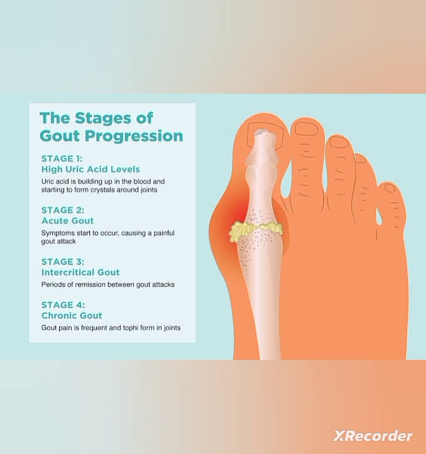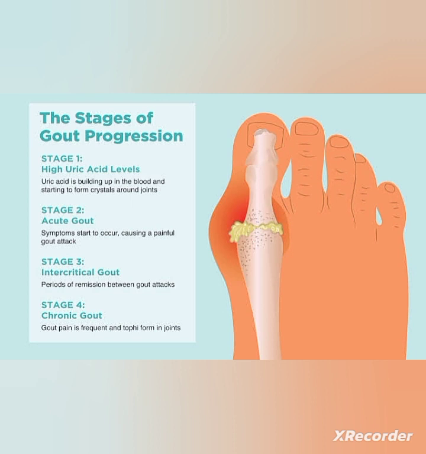In stage 2, acute gout, the person exhibits the signs and symptoms of gout, with painful joints and swelling. Then stage 3, intercritical gout. Here a period of remission occurs between gout attacks.